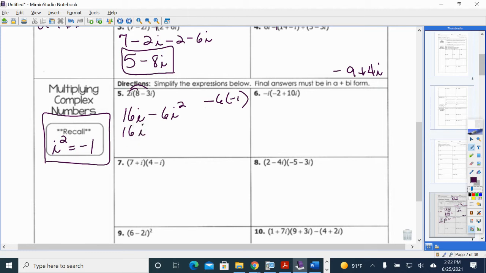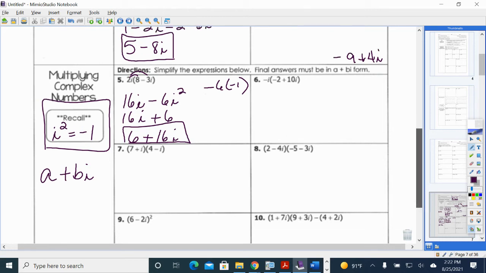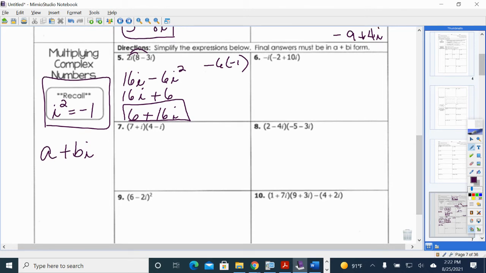So this is really 16i plus 6. Now, the format is wrong because remember, it's in a plus bi form where the real number is first and then the imaginary part is second. So 6 plus 16i is the answer to number 5. Number 6 is going to be similar to that. 10 plus 2i is the answer for number 6 if you're working that.